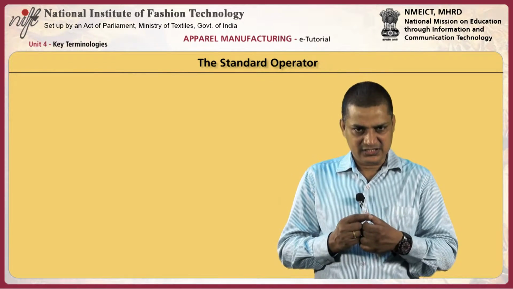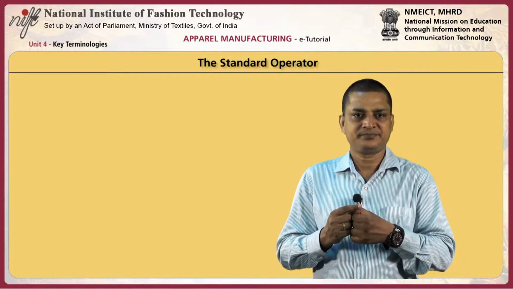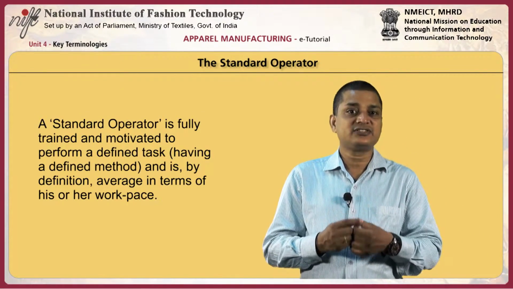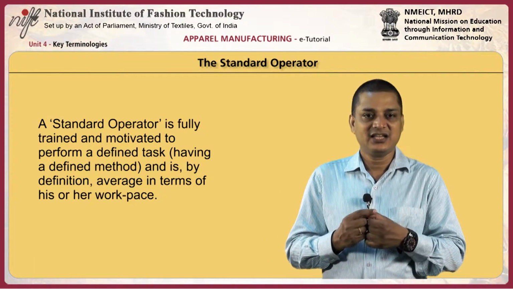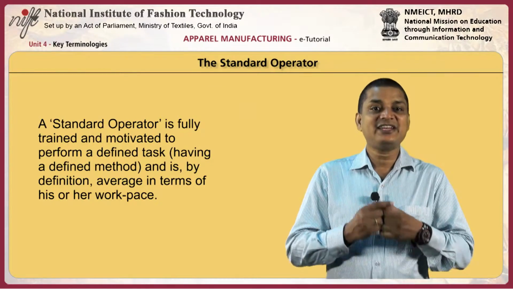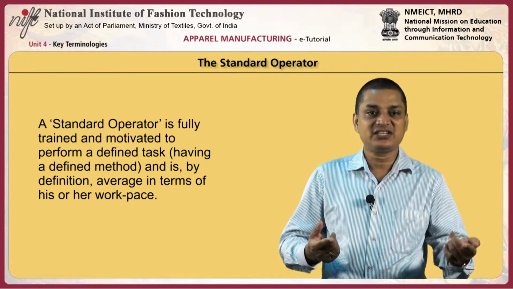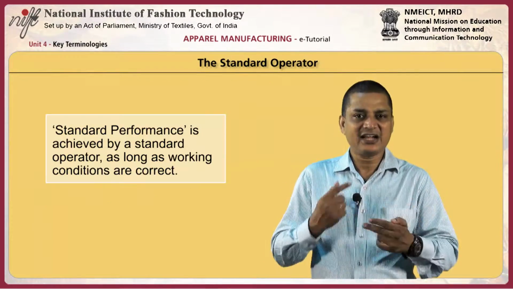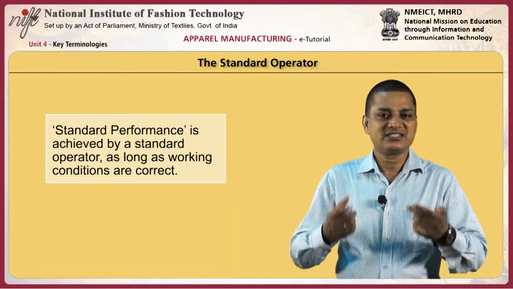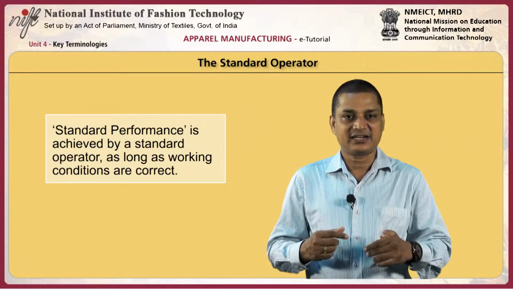Time study professionals apply the concept of a standard operator. A standard operator is fully trained and motivated to perform a defined task having a defined method, and is by definition average in terms of his or her work pace. Standard performance is achieved by a standard operator as long as working conditions are correct.